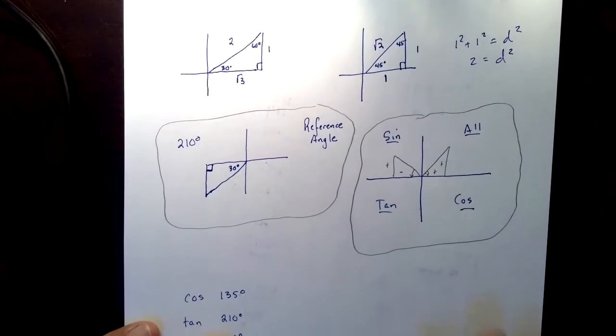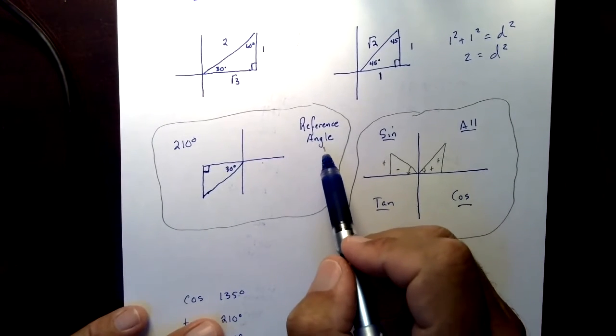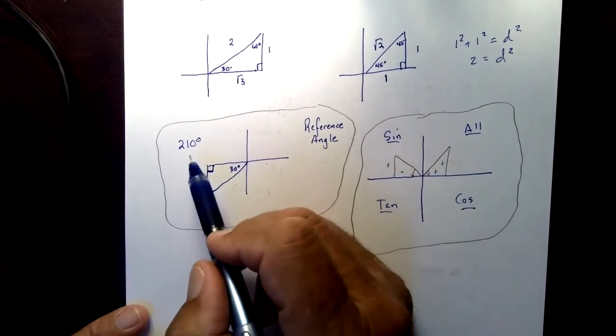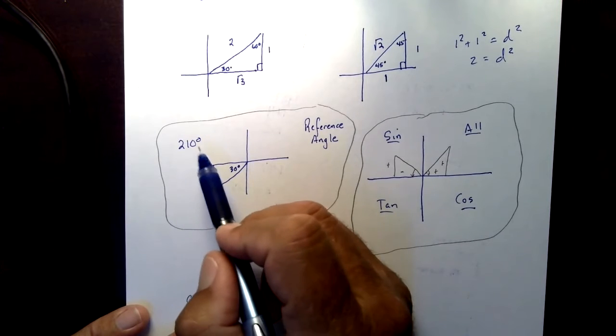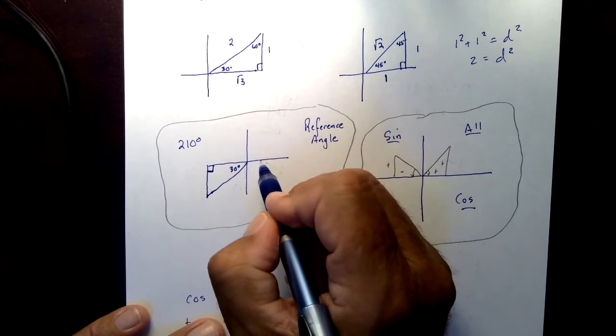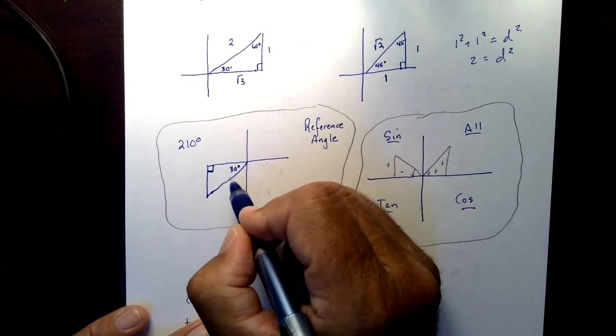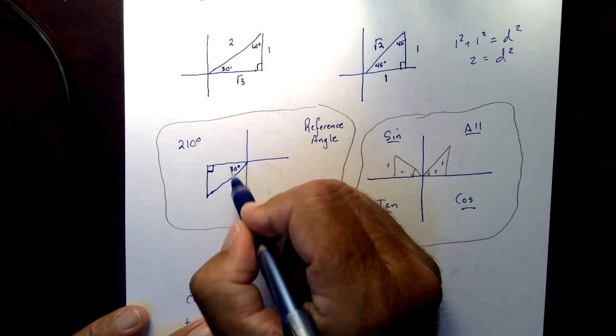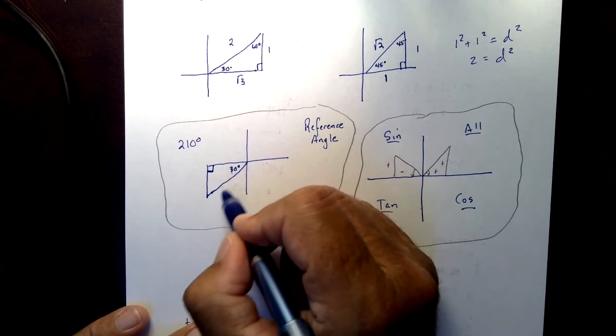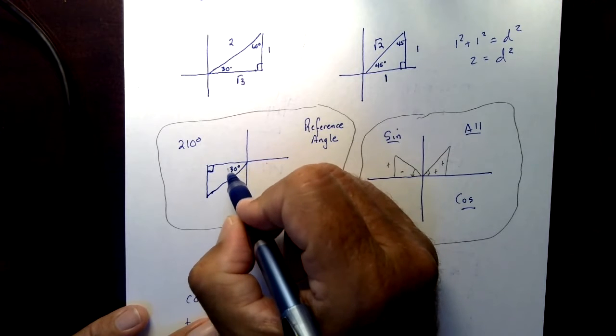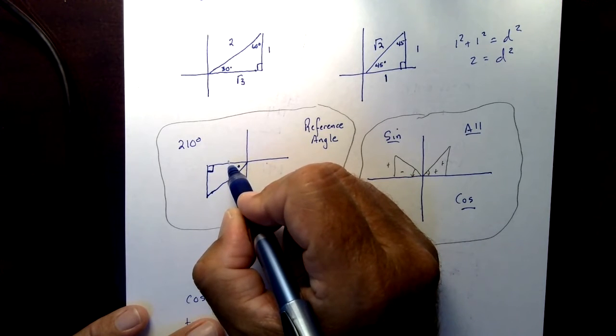All right, so let's come down and talk next about a reference angle. If I asked you to tell me about 210 degrees, I would first traverse 180 degrees and then another 30. So my reference angle would be this fellow right here, okay? Reference angles always go back to the x-axis.